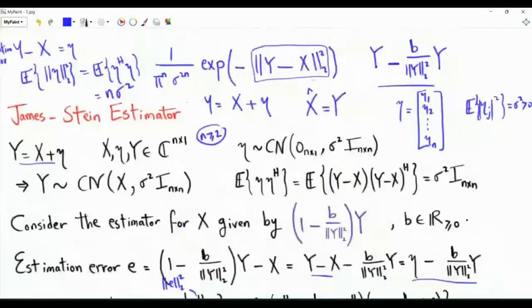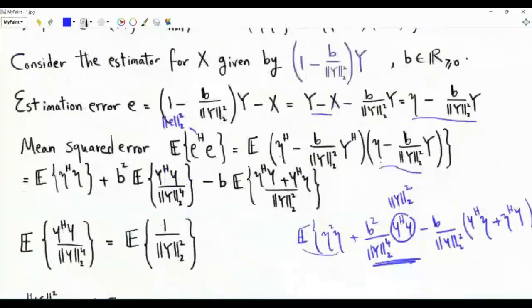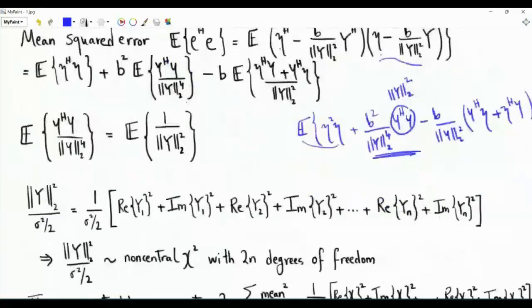Vector Y is again complex valued, circularly symmetric Gaussian with a mean vector of X and a covariance matrix sigma squared times identity of size n by n. Now, what will happen if we write down explicitly the L2 norm squared of vector Y? Y is a vector with n components, so we have y1, y2, all the way to yn, and each component has a real and imaginary part.